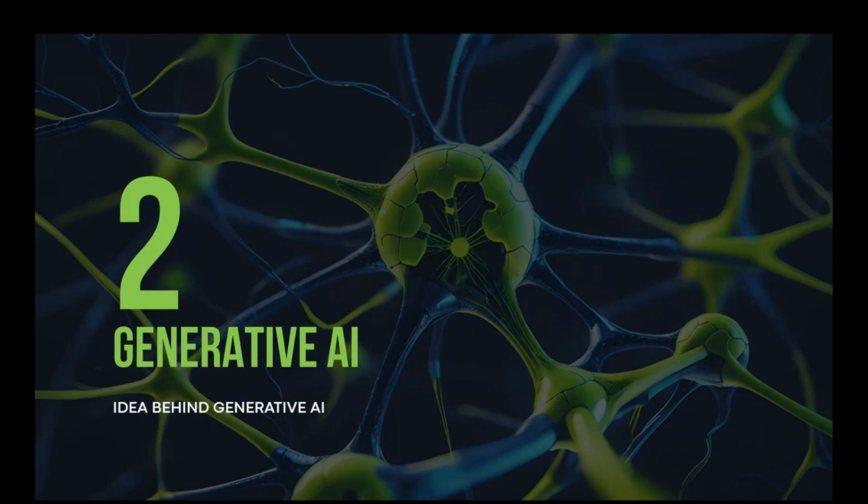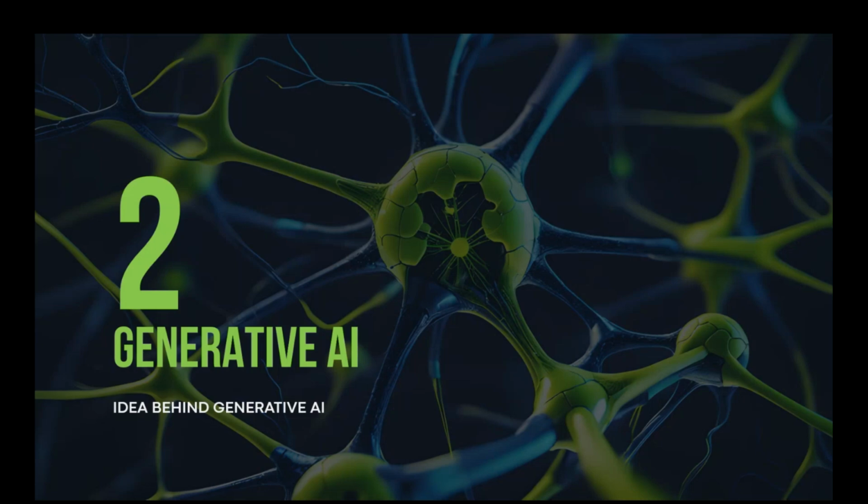And so generative AI is what? It's about generating content. That's what we call generative. You are generating new content. Now this content could be art, images, music, designs, videos, text. So anything that you are generating new is called generative.